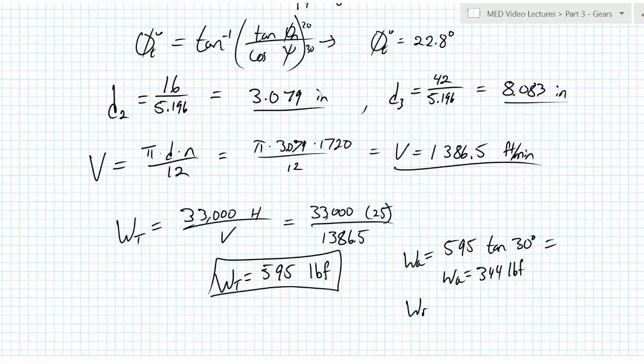Same thing for the radial load. We have the tangential load, 595 pounds, but this time multiplied times the tangent of the transverse pressure angle, which is 22.8, such that our radial load is 250 pounds.